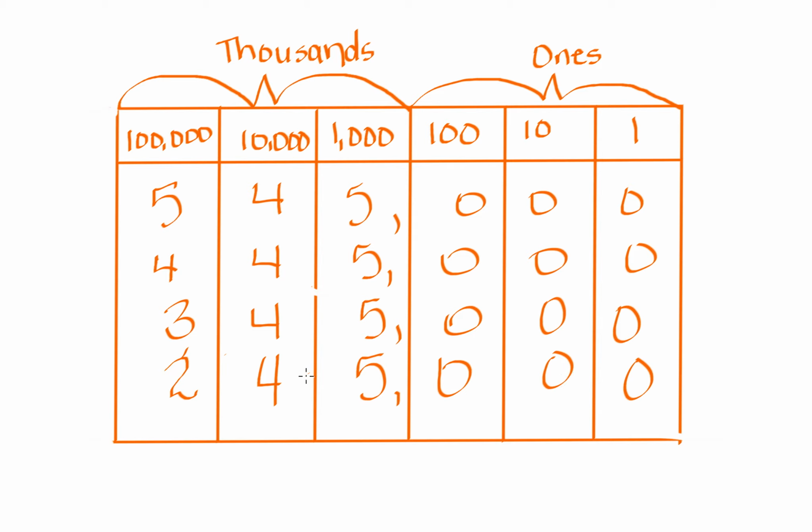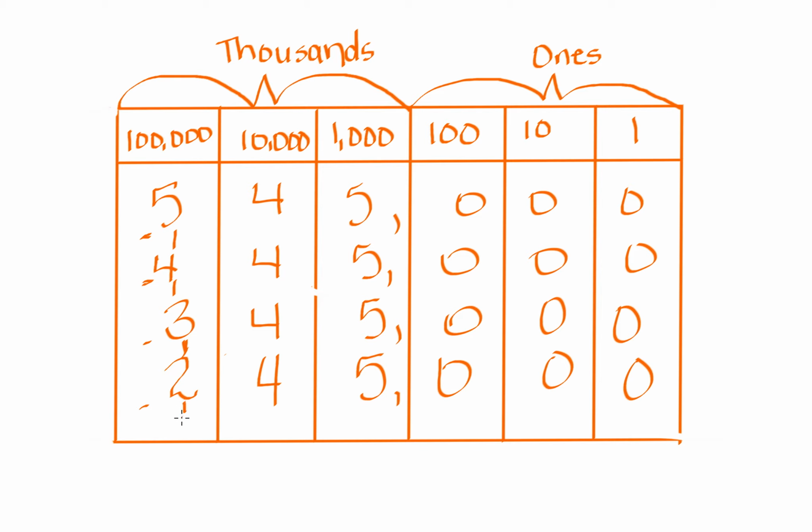245,000. So then the next question is, well, what did we take away every single time? Take away because we're decreasing or going down. Well, I notice it just goes 5, 4, 3, 2. So we just took away 1 here, take away 1, take away 1.